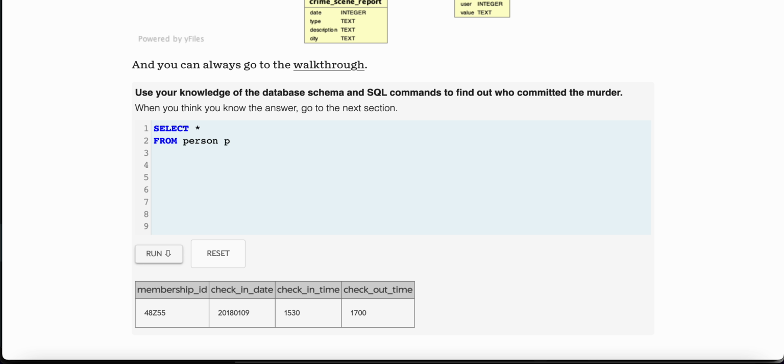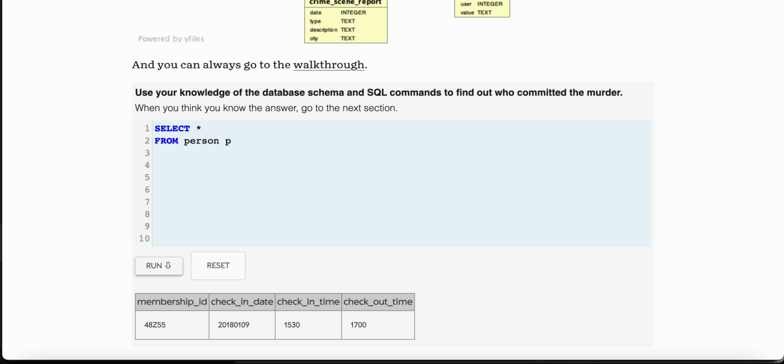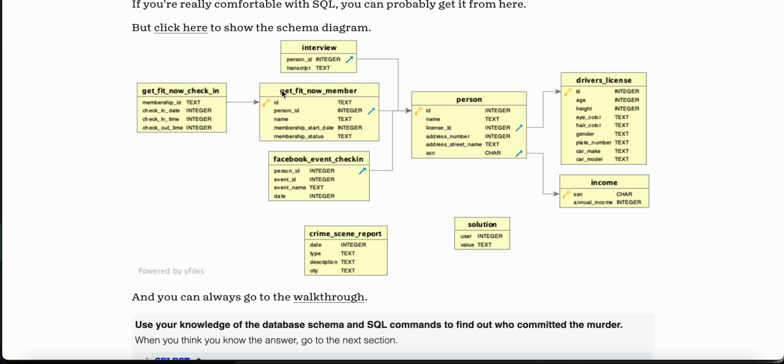So, person, you abbreviate it as P, from. So I'm joining this table. Why I choose to start with person is because it's the only table that connects Get Fit Now member and driver's license together.